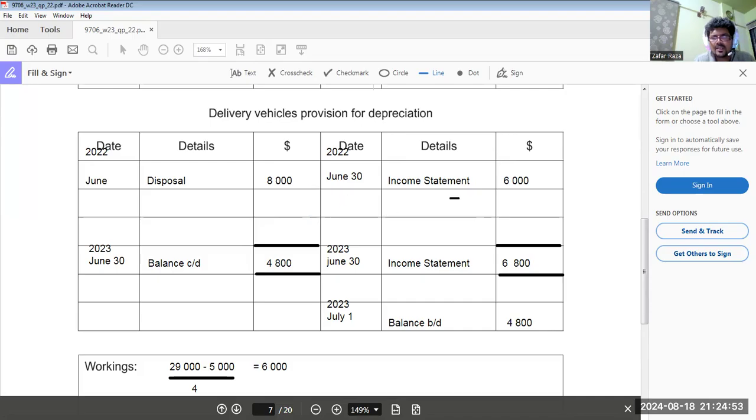This is the situation. Okay. Getting my point clear? So I have made a more comprehensive provision for depreciation account to make you understand. Okay, done. What next?